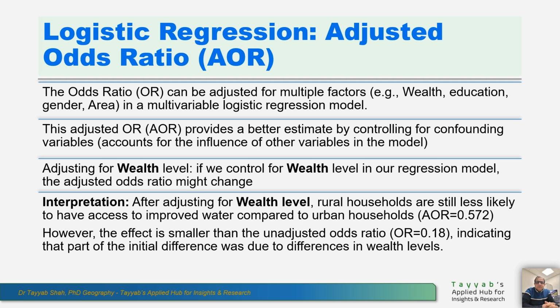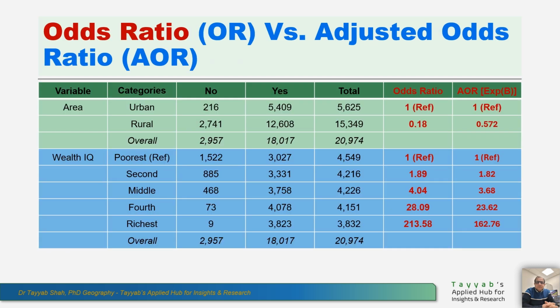The interpretation is: after adjusting for wealth level, rural households are still less likely to have access to improved water compared to urban households, with an adjusted odds ratio of 0.5. However, it is closer to one than the unadjusted odds ratio, which was 0.18. That indicates part of the initial difference was due to differences in wealth levels. So this is the main difference you want to see in that calculation.